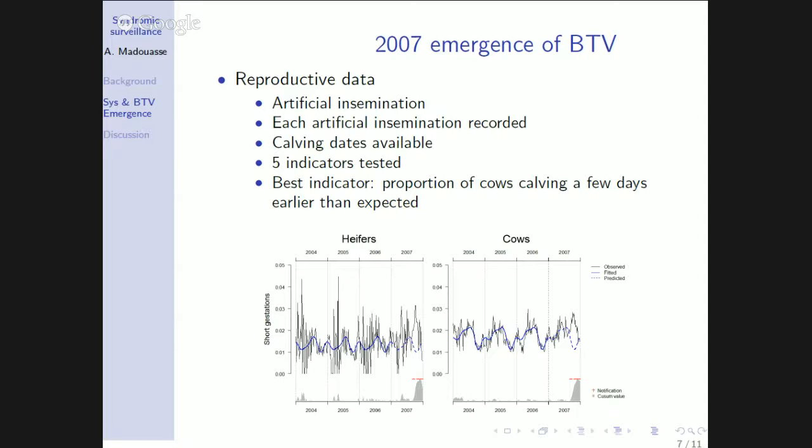And here you have the notified cases. As you can see, we have an excess of these short gestations just at the start of the epidemics. And we use what we call a Fuson algorithm to detect this event.